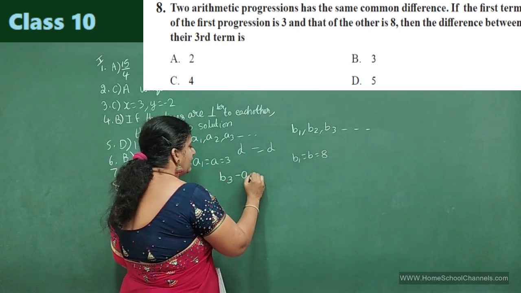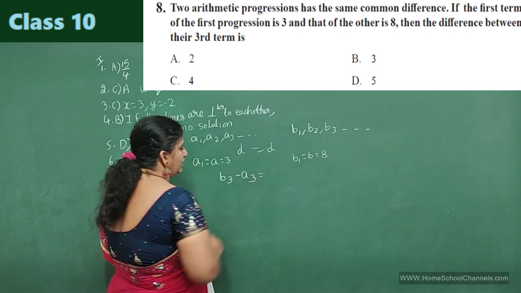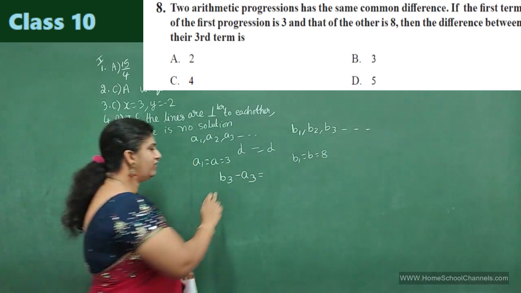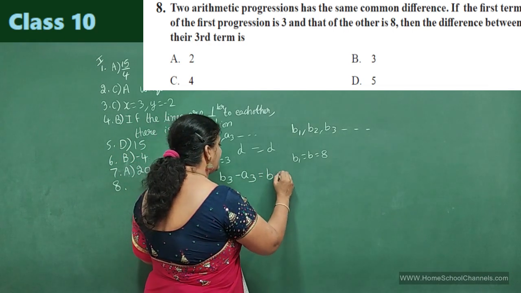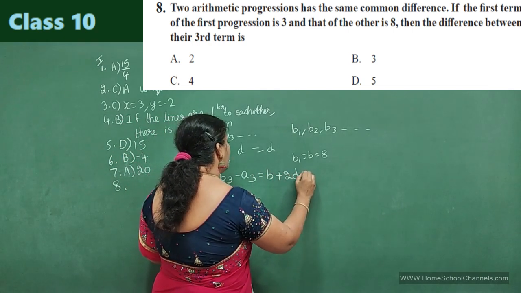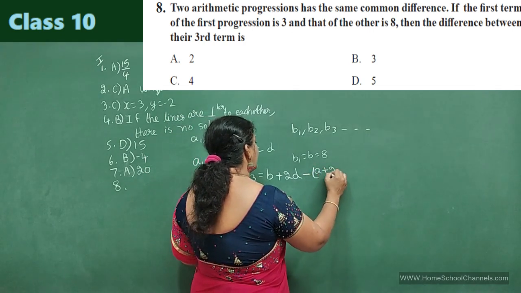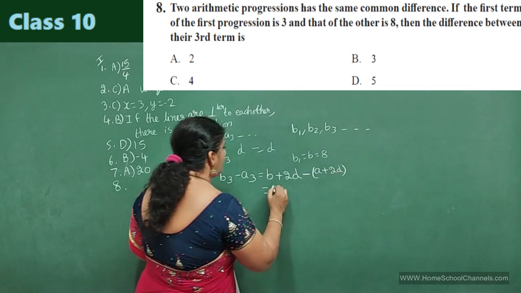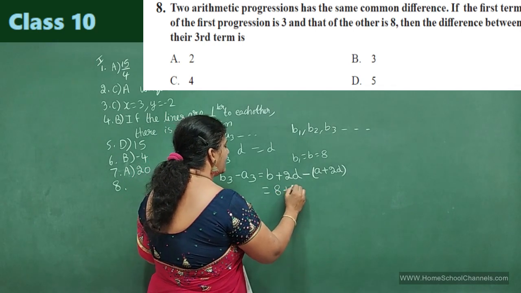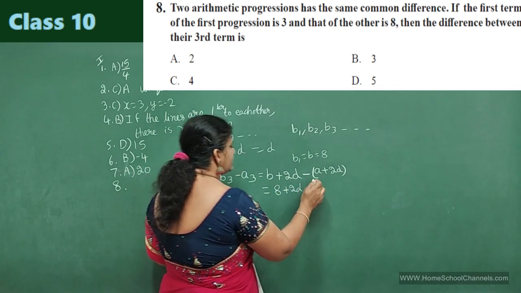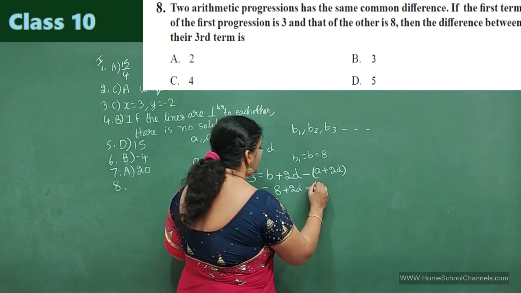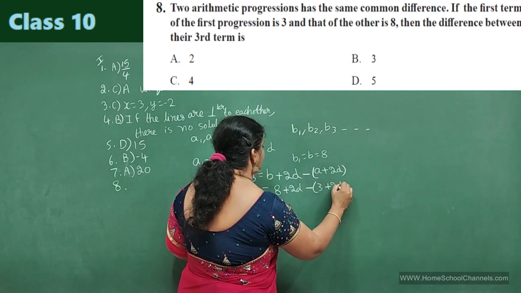B3 minus A3 is equal to, B3 write in general form, b plus 2d, minus A3 write in general form, a plus 2d. B value is 8 plus 2d minus a value is 3 plus 2d.